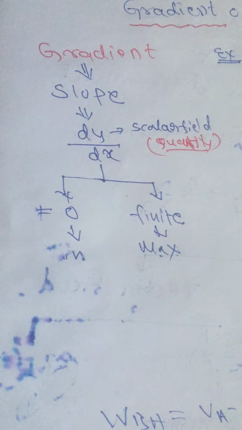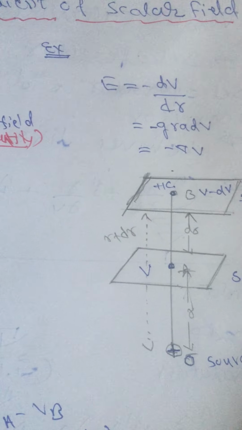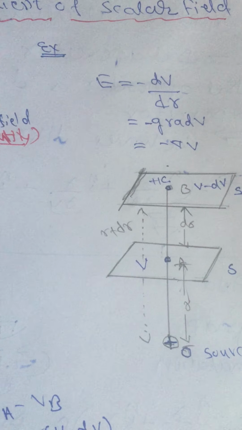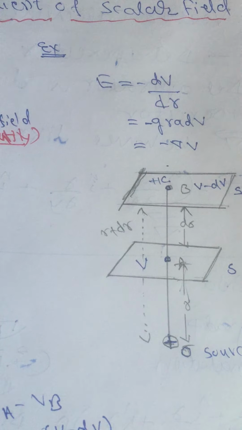I'll give one example. As you know, electric intensity and electric potential. The electric intensity at a point in an electric field is the force experienced by a unit positive charge. Or you may write that electric intensity is the negative gradient of electric potential.